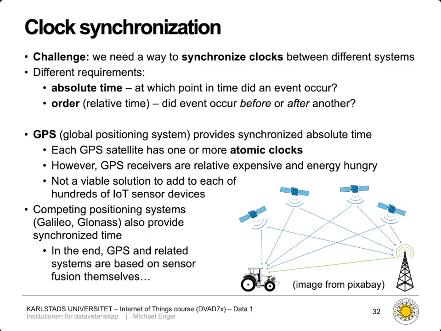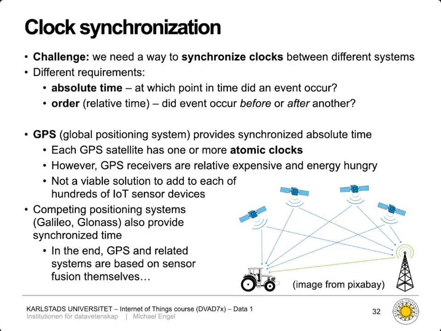So GPS and the related systems are essentially just a sensor fusion network itself, and the sensor fusion happens inside of your GPS receiver, which has to actually triangulate the radio signals coming in. So that's a solution that might work for some use cases, and that's an easy solution because the precision of the time provided by GPS is very high. But it's a costly solution and does not work in all circumstances.